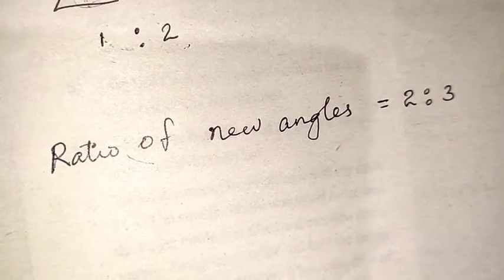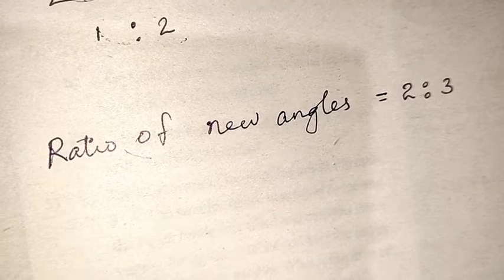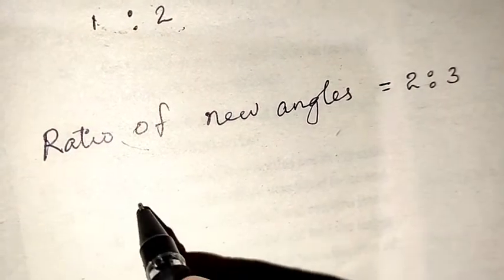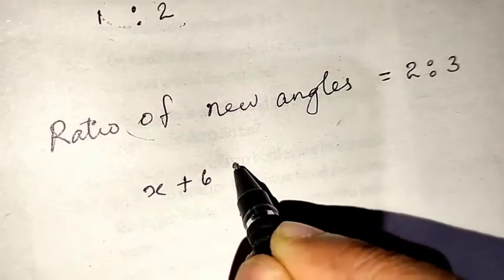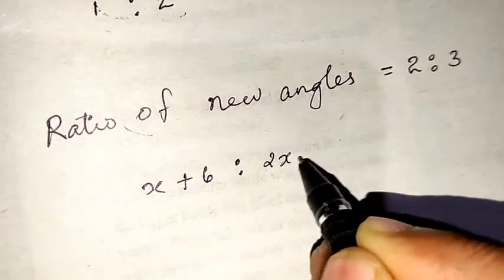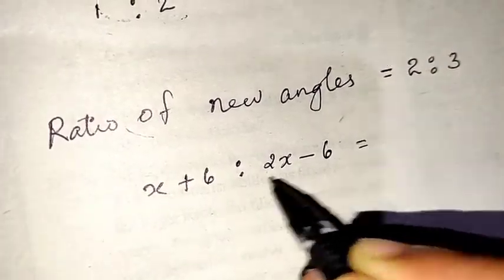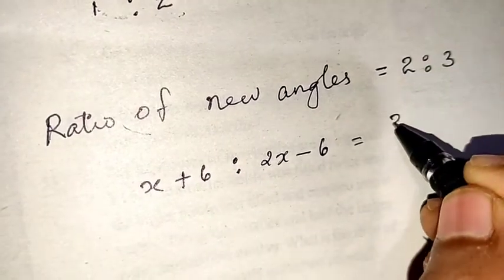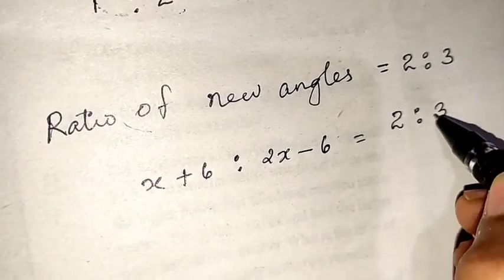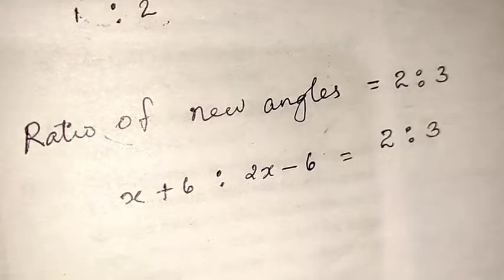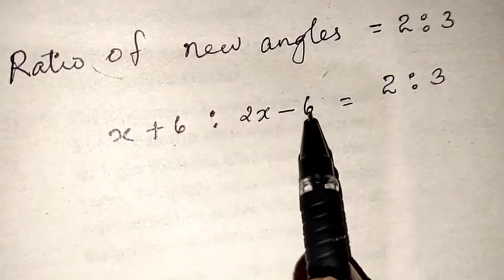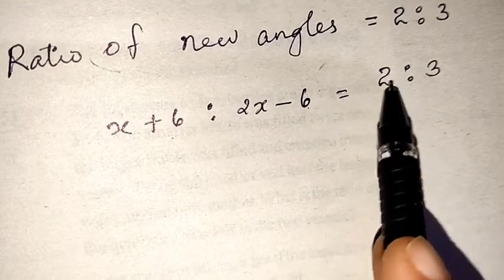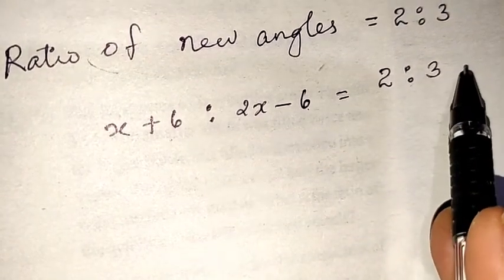And which are the angles? One angle is x plus 6, second angle is 2x minus 6. And what is their ratio? Their ratio is 2:3. So here we have x plus 6 is to 2x minus 6 is equal to 2:3.